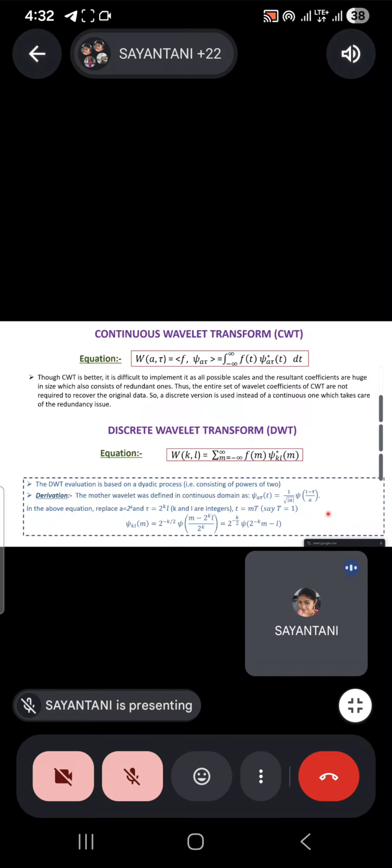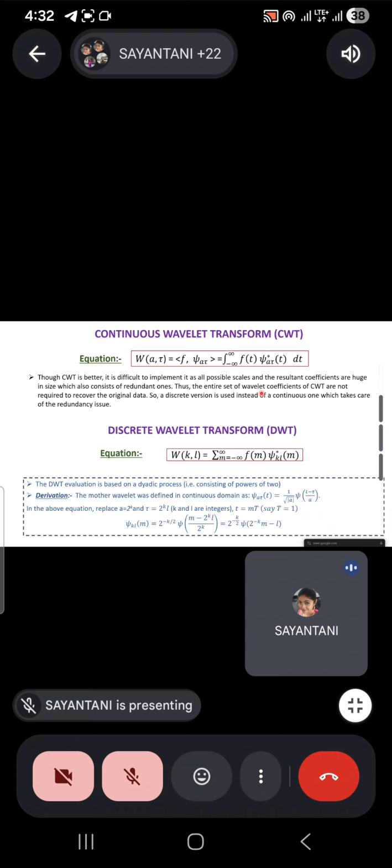Now, a wavelet transform can be a continuous wavelet transform. That means you are applying integration on the main time domain based signal along with the mother wavelet which you have chosen. It can be Morlet, it can be Daubechies, anything depending on the application. Whichever way you apply the continuous wavelet transform, you are going to acquire certain coefficients as the output.